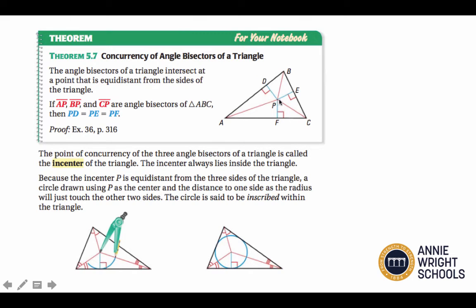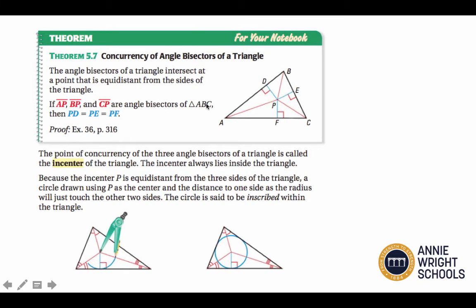It is actually the same distance from all three sides. So if you draw a circle with the radius right there, it would actually be inscribed in the triangle. So inscribed means it's written inside the triangle. So a triangle can have an inscribed circle, which is drawn in, or a circumscribed circle, which is drawn around. Good? And that's pretty much it for this unit.